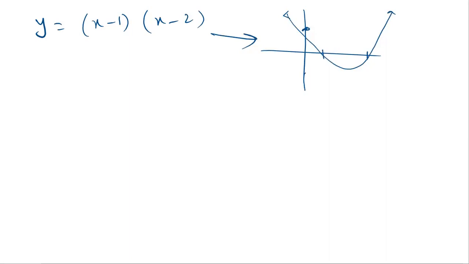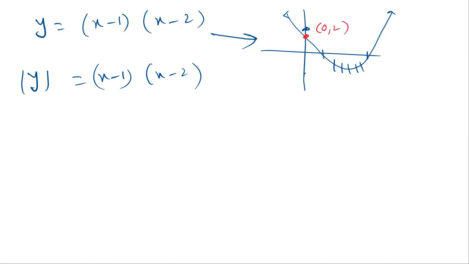Now, to draw mod y equal to x minus 1 into x minus 2, what do you have to do? You should remove the negative part, that is, the part below the x-axis. You should remove this part and draw the mirror image. If it cuts at 0, 2, so it will cut at 0, minus 2, right?